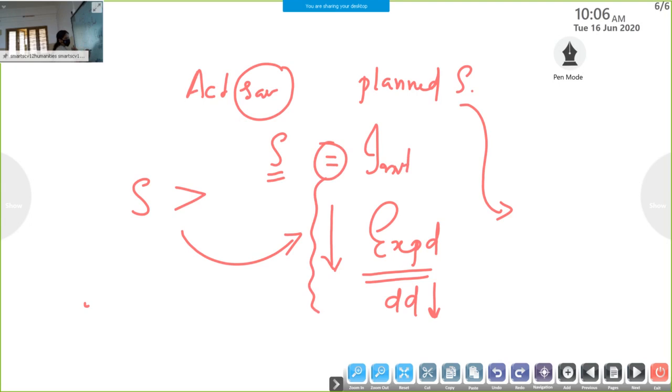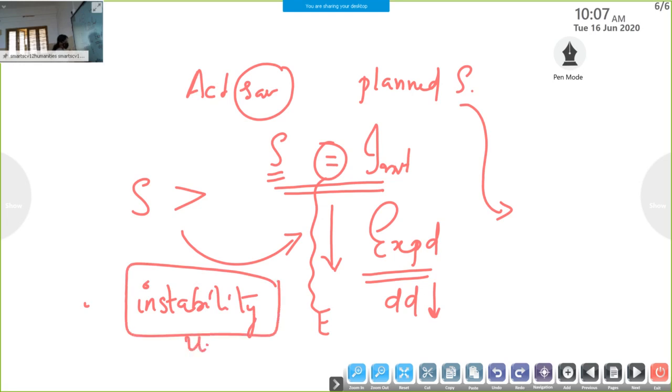Then we can say the economy is stable, or any deviation from this point shows instability. If these two activities are equal, we can say the economy is in equilibrium. Any deviation from this point shows instability of an economy. The economy is unstable.